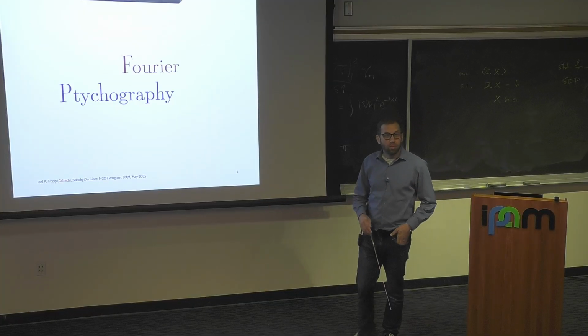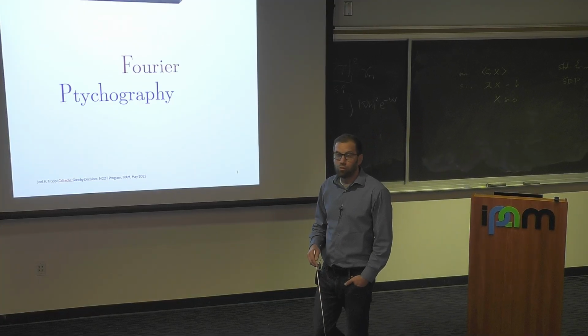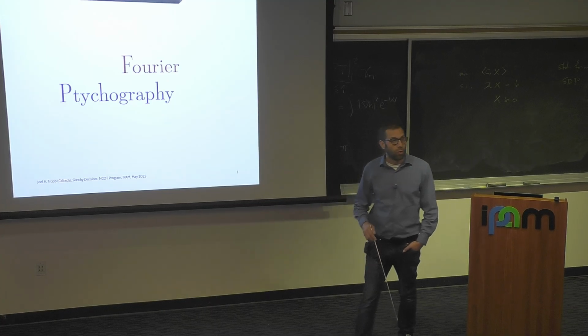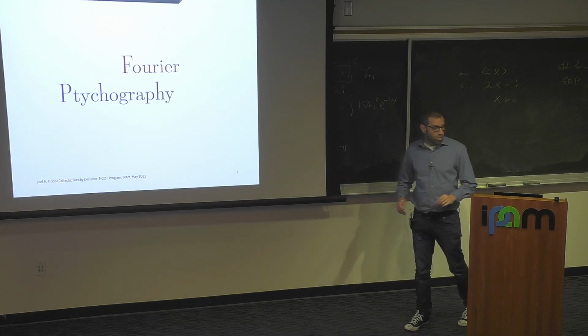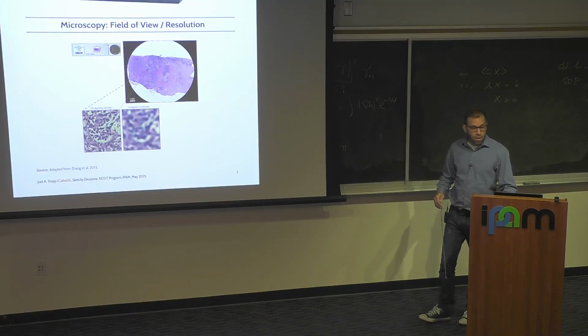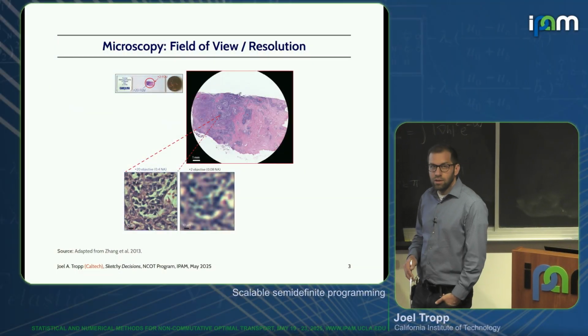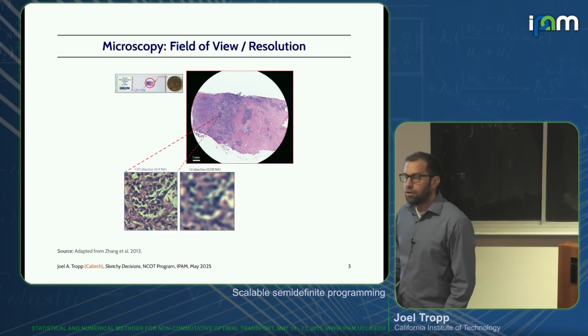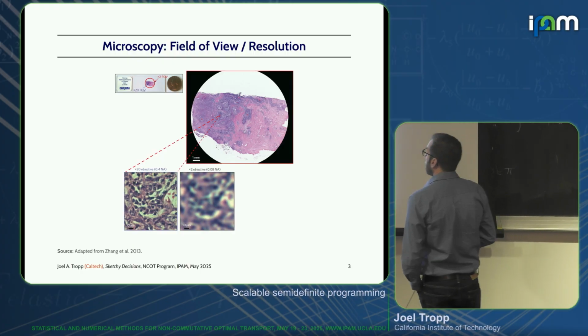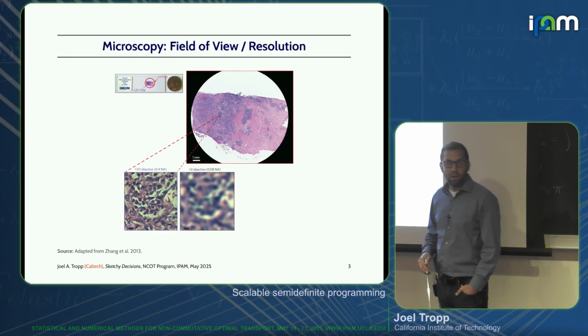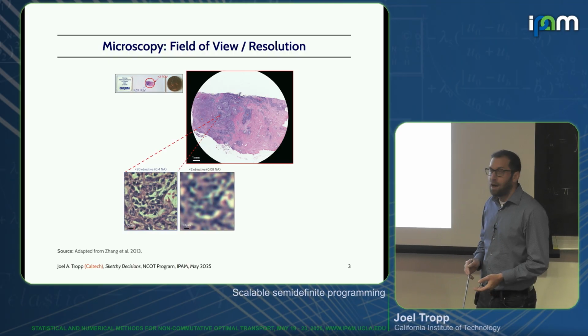So I want to motivate this using a problem from data science. I'm going to go through this fairly quickly so I can focus a bit more on the algorithm and the ideas behind the algorithm. As you may recall, there's a tension in microscopy between two goals, having a wide field of view and having high resolution.